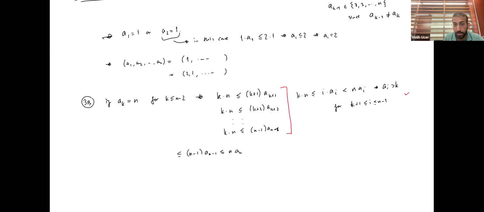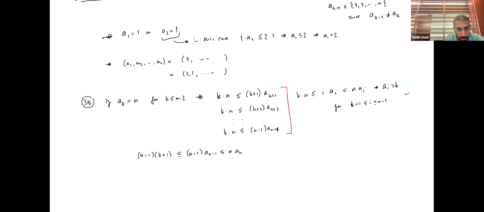But for k less than or equal to n minus 2, now you can use this and combine this with the previous one, because n minus 1 is greater than or equal to k plus 1. With this, now this cannot be equal to k, right?